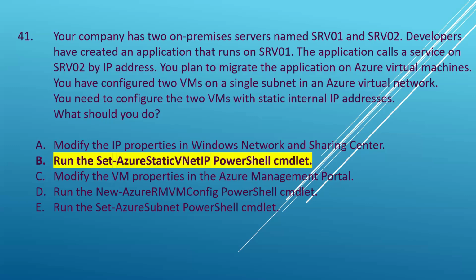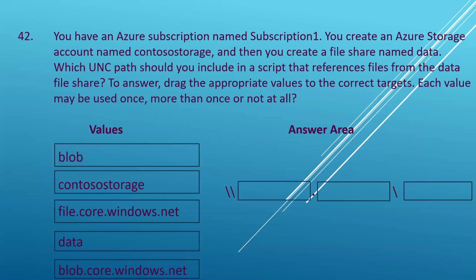Option D, New-AzureRMVMConfig, is used to create a new virtual machine configuration object. And option E, Set-AzureSubnet, is used to modify the properties of an existing Azure subnet, not to set static IP addresses for virtual machines. I hope this clarifies why other options were not chosen as the correct answer. Let's go ahead with the next question.